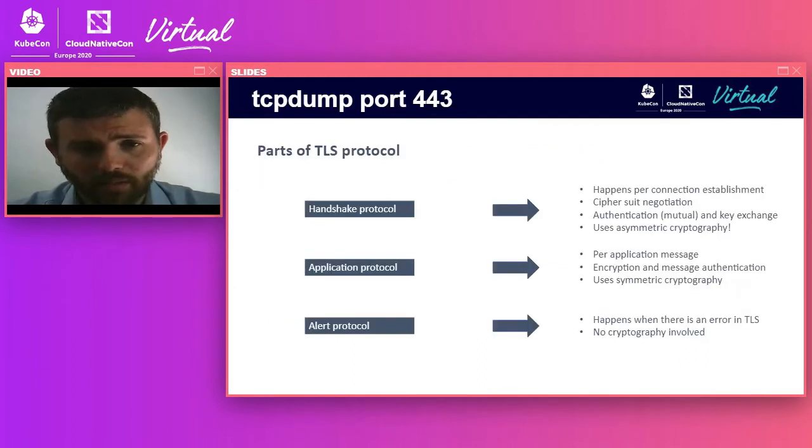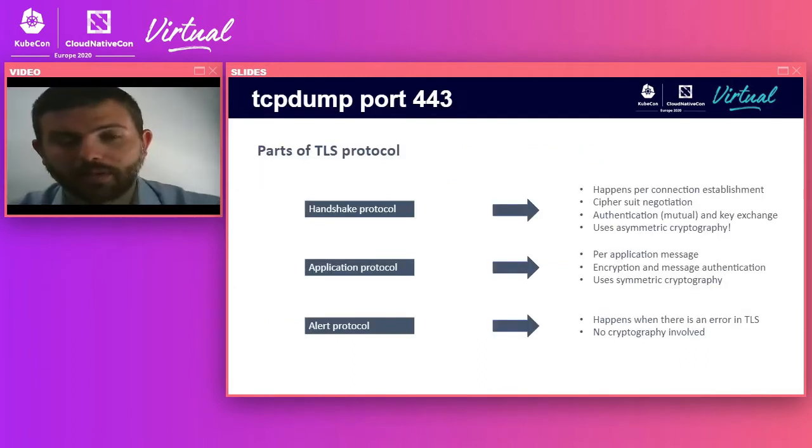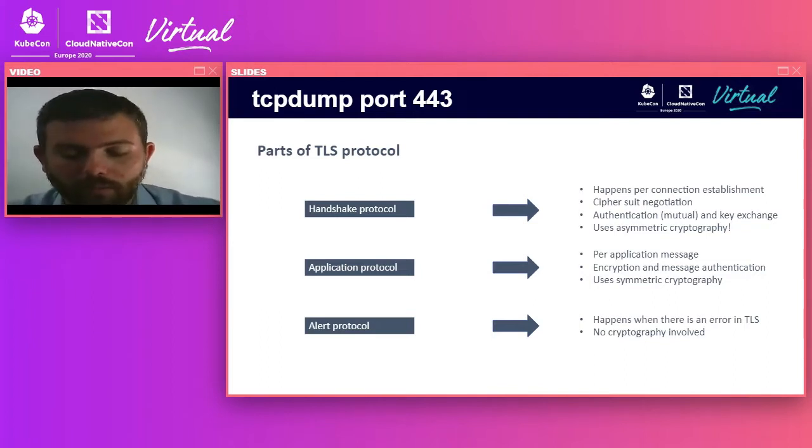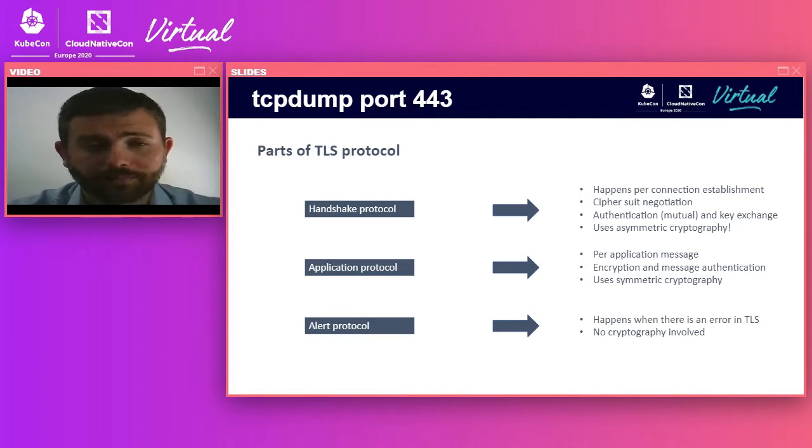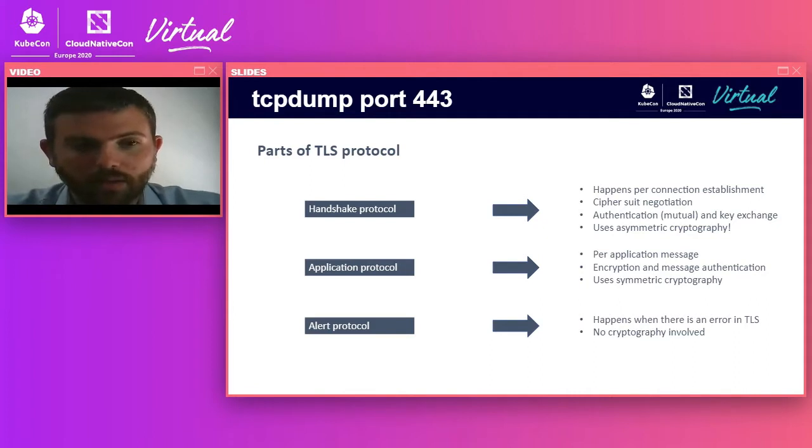Going forward, what we need to understand is which parts build up TLS. In order to understand how much we need to invest, we have to break the protocol into its parts and see which part does what and how much time it takes. The handshake protocol is the first part of any TLS connection establishment. It has two main goals.